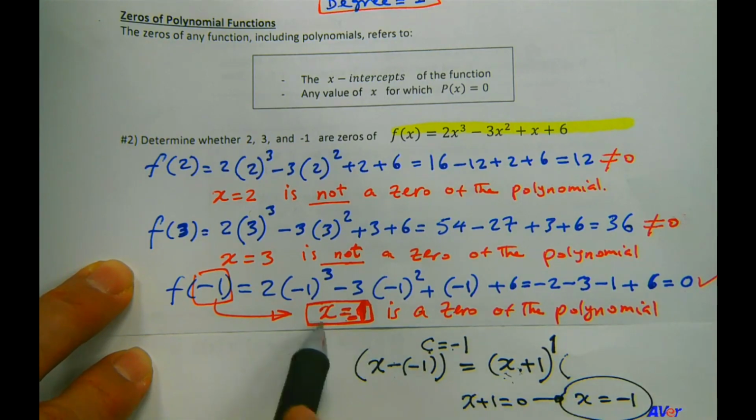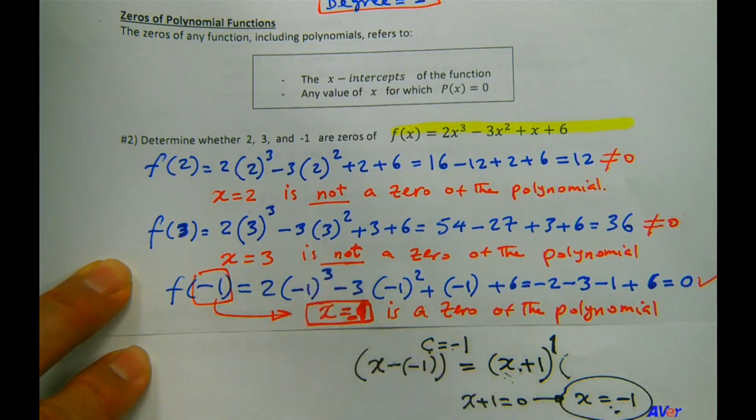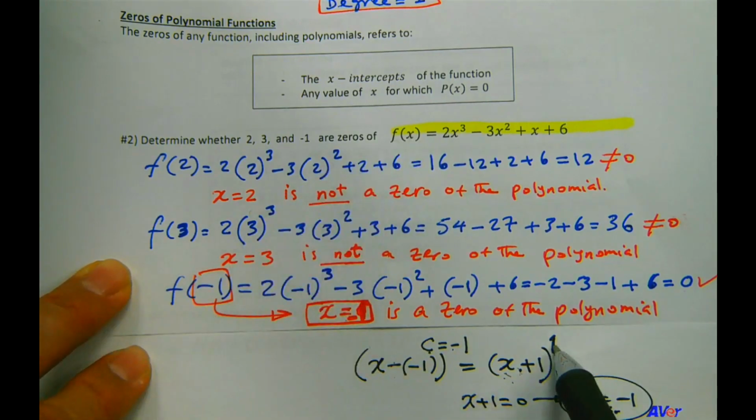You get what would make that polynomial equal to 0. But look, the power of x plus 1 is 1. So the multiplicity of this zero of the polynomial is 1.